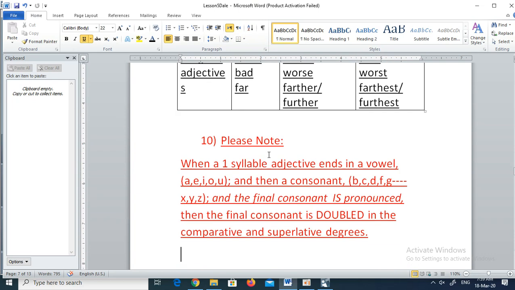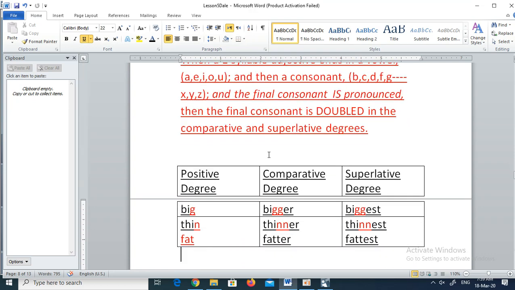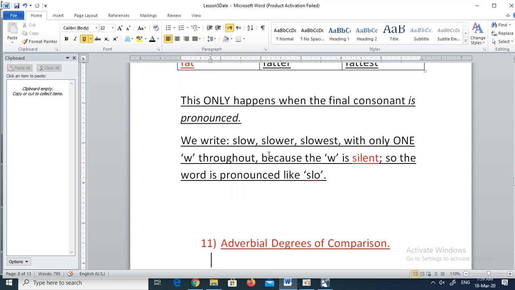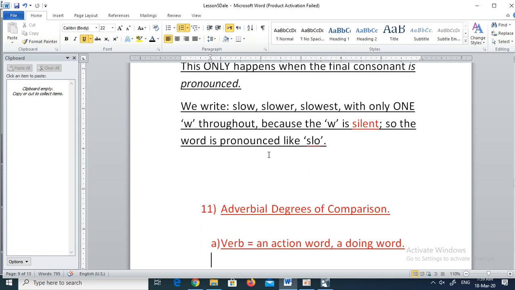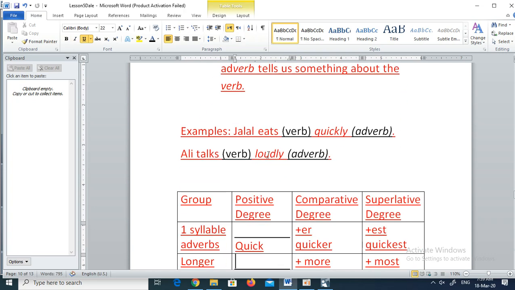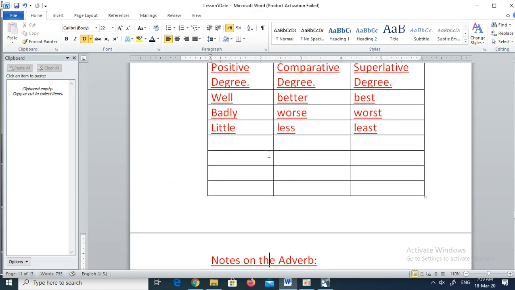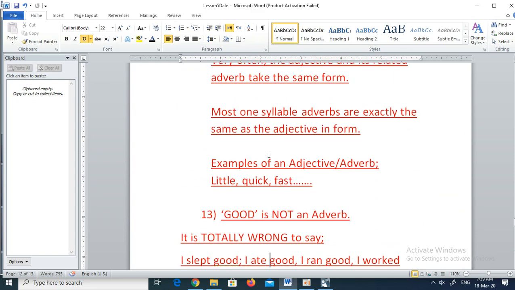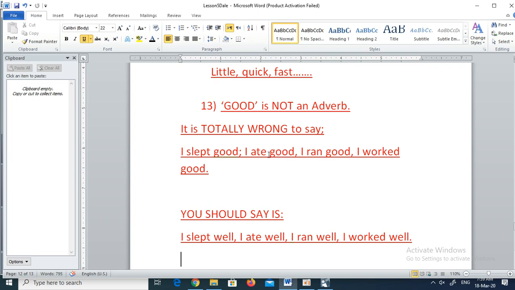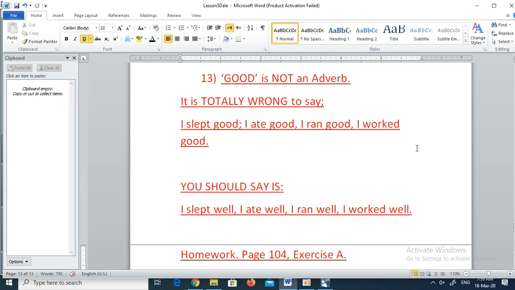Alright, one final note that I need you to notice about adverbs, and it's an important point, and you need to remember this when you are doing the exercise.